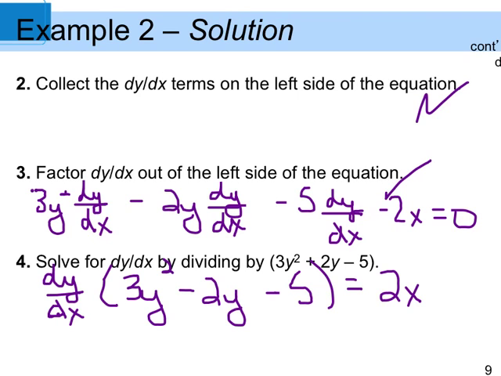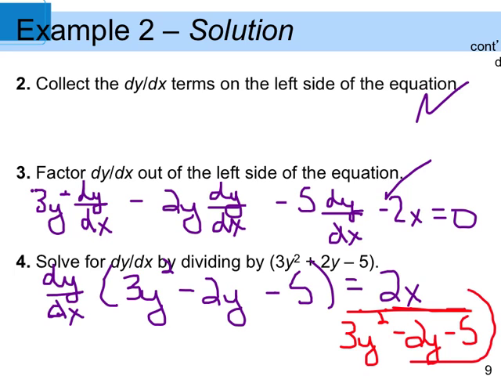We are supposed to solve for dy dx by dividing by this quantity. So your final answer is 2x over 3y squared minus 2y minus 5. And you probably already had that as a final answer.